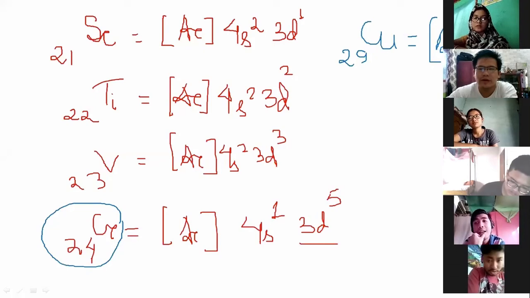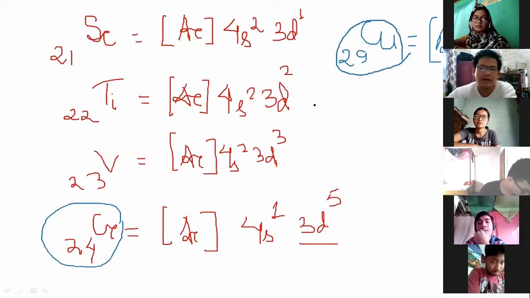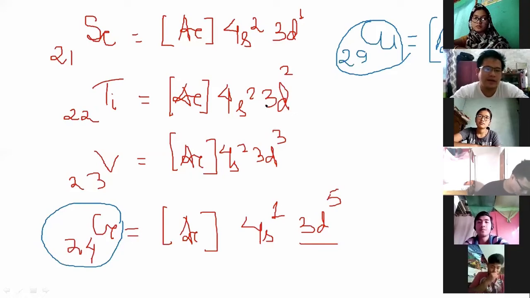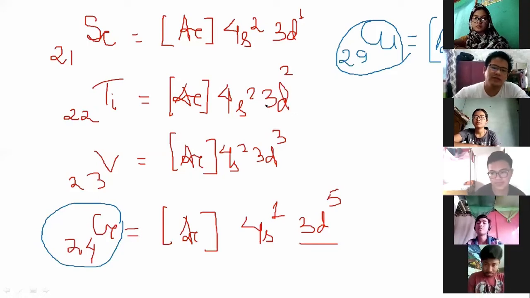Very good. So copper and chromium have different electronic configurations: 4s1 3d5 and 4s1 3d10.